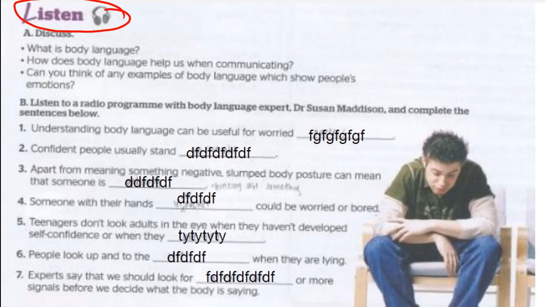Let me give you an example. Slumped body posture. Standing up straight shows that a person is feeling confident and comfortable. But if your teenager is walking in a slumped position, he or she may well be feeling self-conscious. You know, shy and not feeling sure of him or herself. Unhappy or a bit down. So slumped body posture is something negative. No, don't get me wrong.